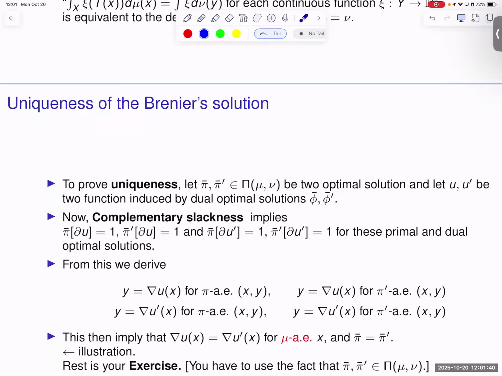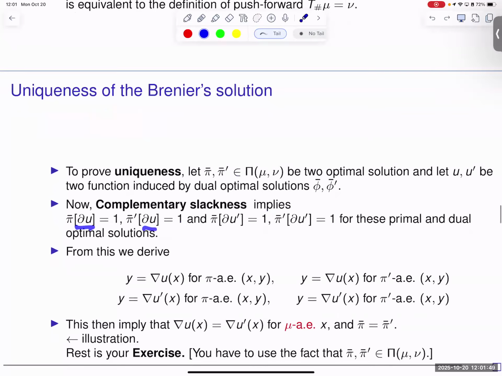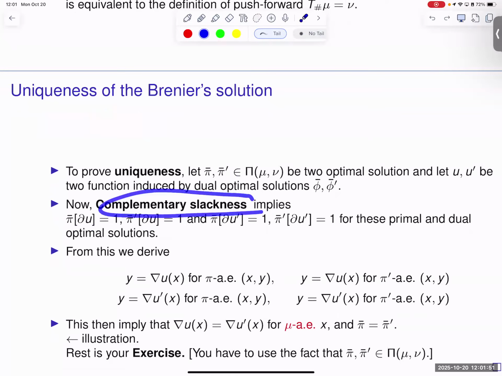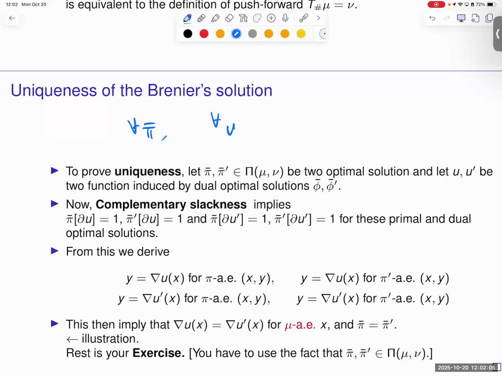I mean, the dual problem may not have an optimal solution either, right? But the thing is, for any dual optimal solution, for any u or u prime, you have this relation, the complementary slackness. So for any pi bar and for any u, you have this relation from complementary slackness.